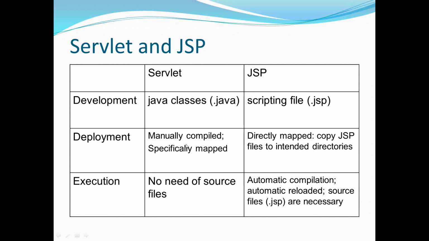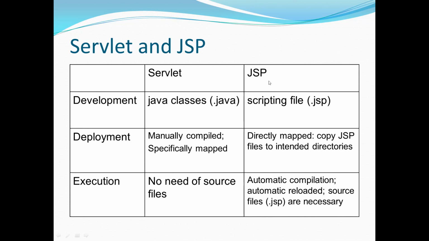Yes, we know that we are using the IDE. The IDE performs many tasks for us, but if you want to perform them manually, you need to do these things. You need to compile. After that, you map by using the web.xml file, where we have already seen the configuration of how to map any servlet with external URLs.